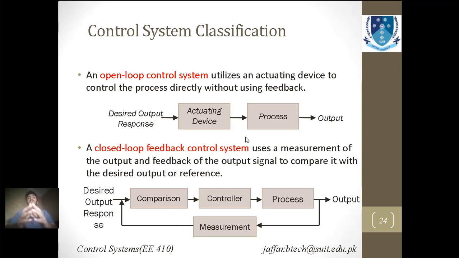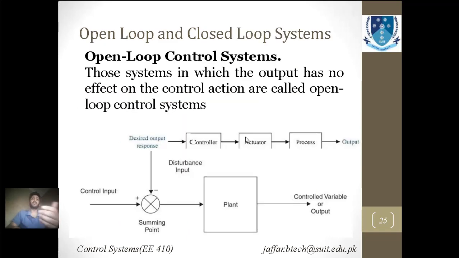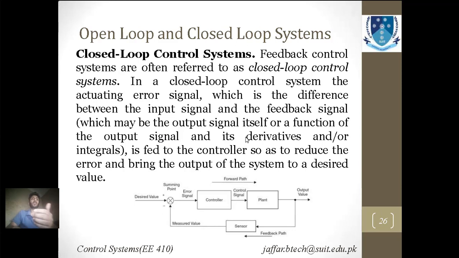If it is not the desired value, then this comparison needs to be done, and the result of that should be given to a controller, so that the controller should manipulate some of the variables and give them to the process, and the cycle goes on until the desired output or result is achieved. So the closed loop control system has much better results as compared to the open loop control system. I have given you the example over here of the open loop system and the closed loop system.